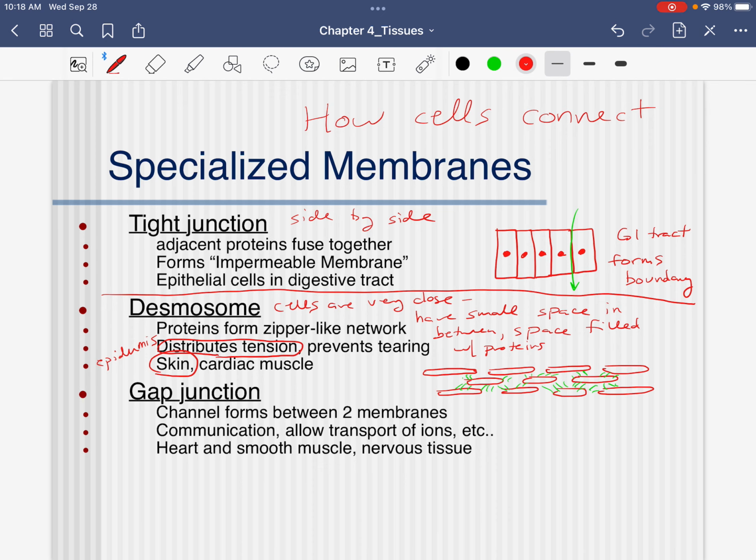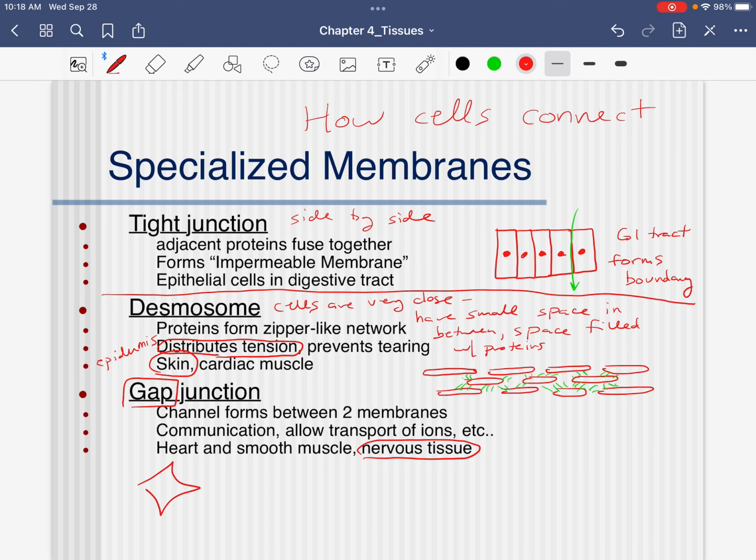All right. Our last example of how cells can connect, quote unquote, is a gap junction. As the word suggests, there is a gap. The best example of this, and in fact, you might already be familiar with it, is nervous tissue.